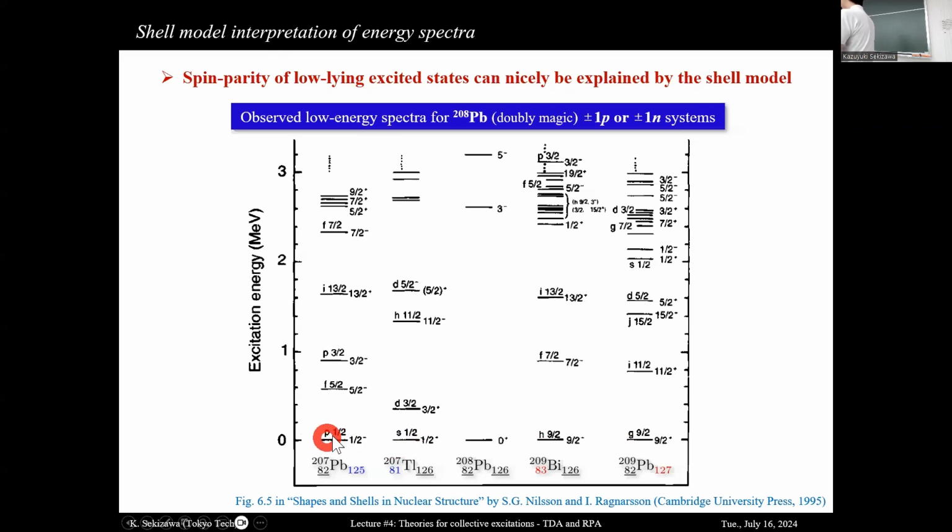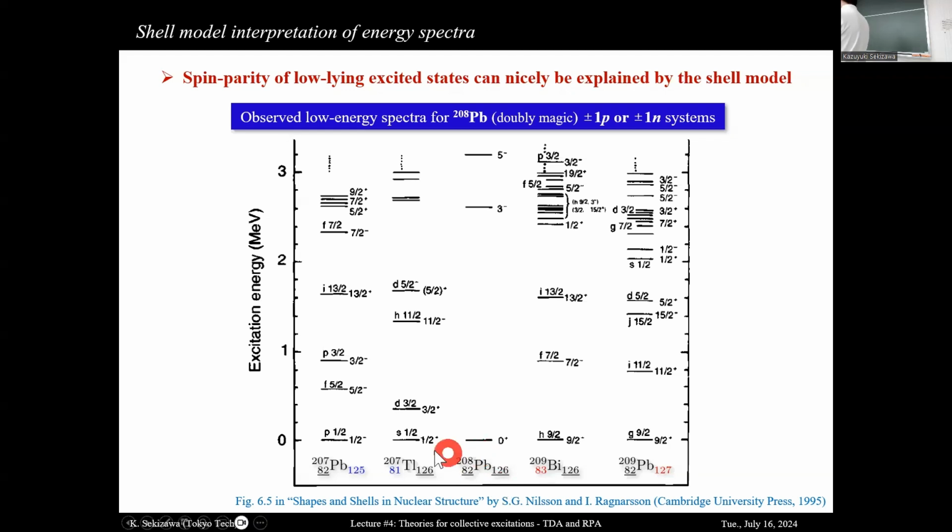We take 0 as the ground state energy. As you can see, for instance, lead-208 has a doubly closed shell structure, so it is difficult to excite a nucleon because of the shell gap. There are no low-lying excited states here in the case of lead-208.